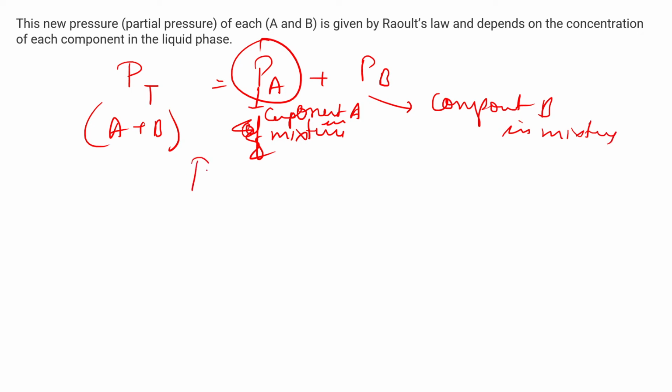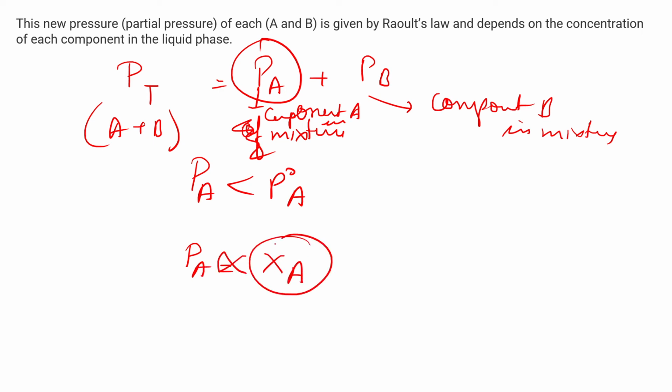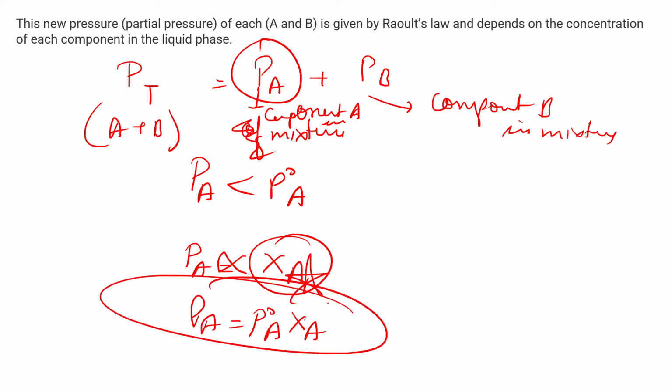And since PA is less than P naught A, PA is proportional to the mole fraction of the molecule A in the solvent. We can write PA as P naught A into XA. Okay. We'll substitute these values and you will get the same equation that we derived in the previous slide.